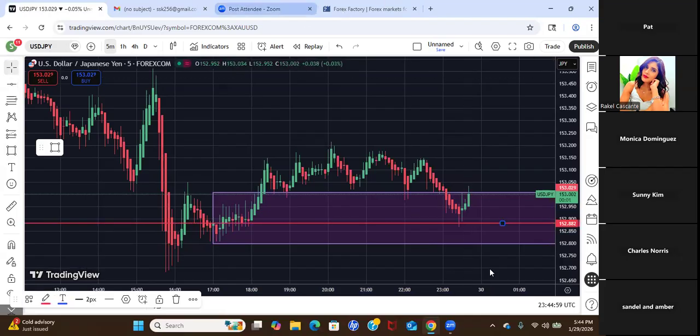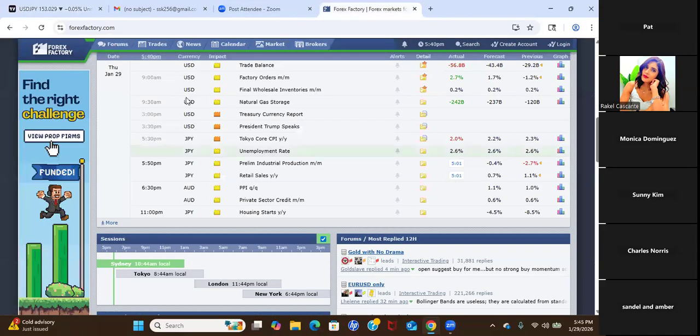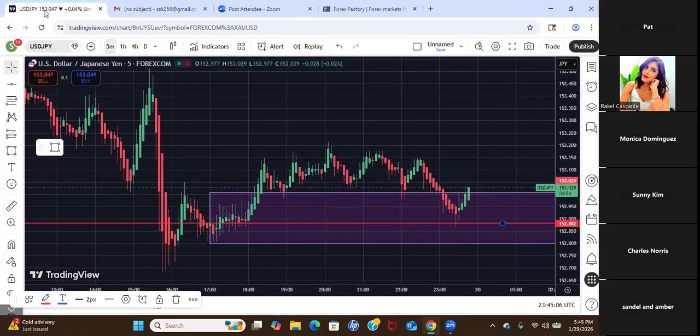If the news comes out red, we're going to be buying USD JPY. If price comes up here and the news comes out green, we'll be looking to sell short term.